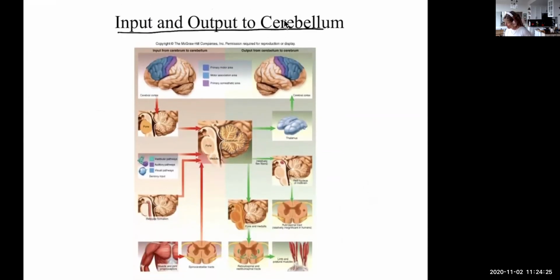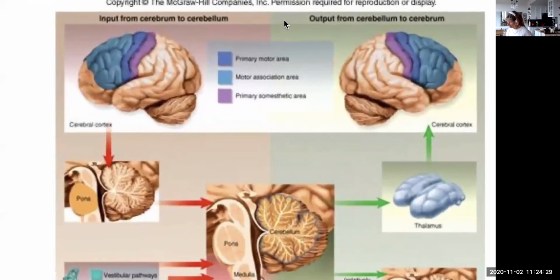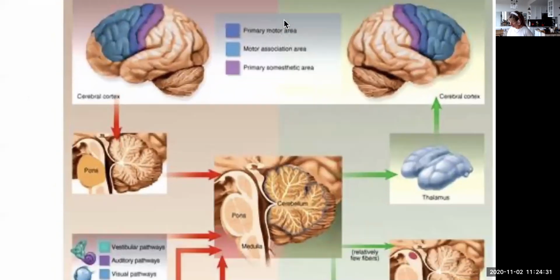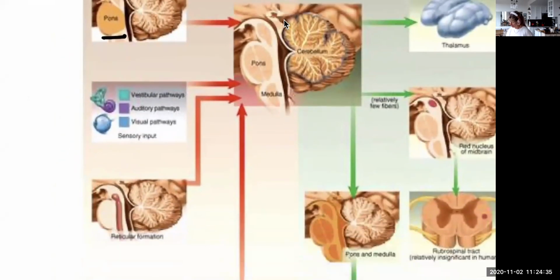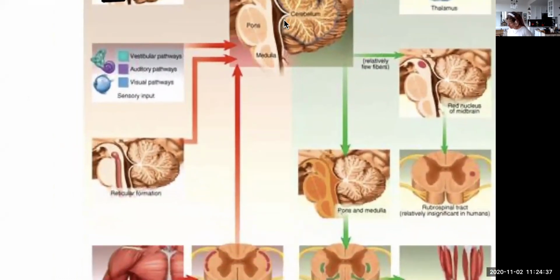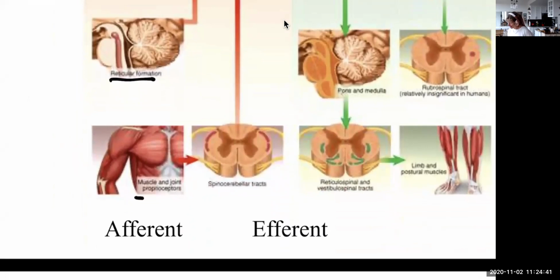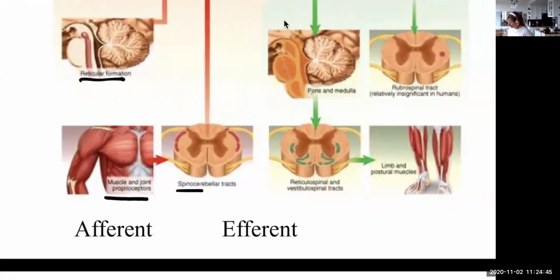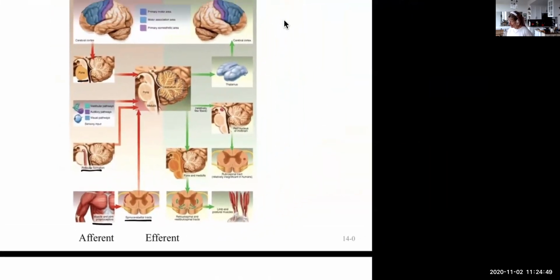Input and output to the cerebellum comes from various sources. There's input from the cerebrum, from the pons, from the reticular formation, and from proprioceptors in the muscles and joints, which end up traveling up the spinocerebellar tracts to the cerebellum.